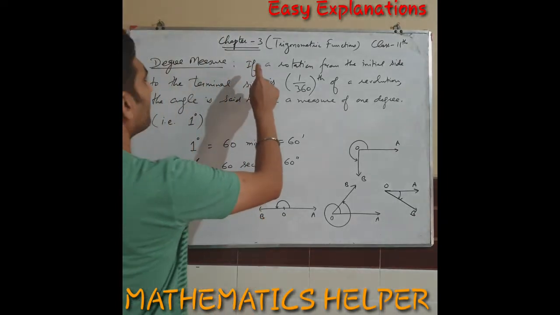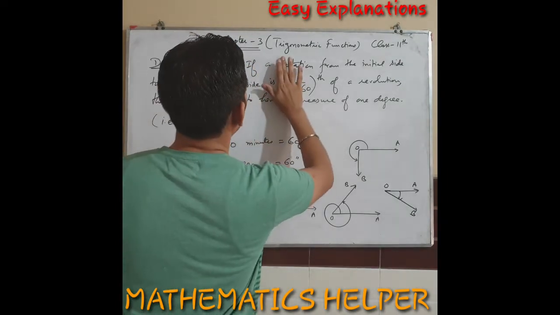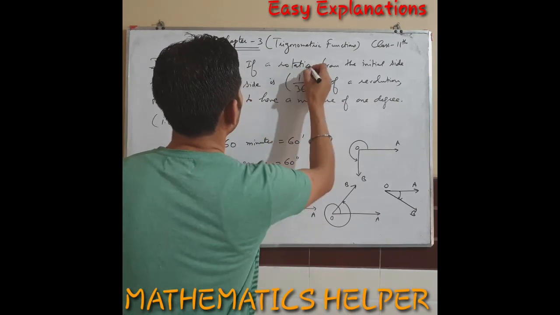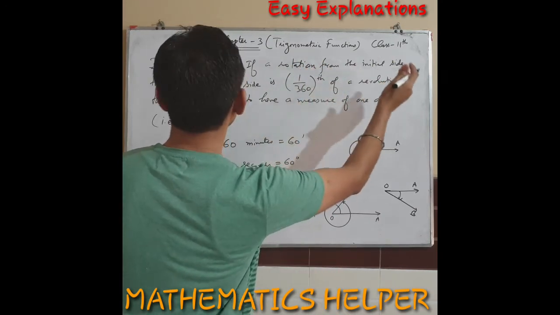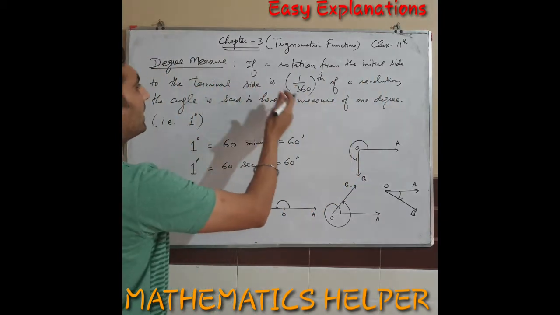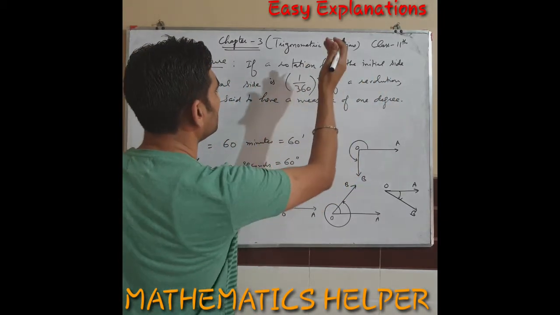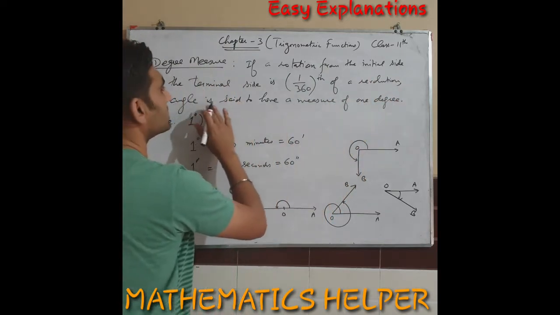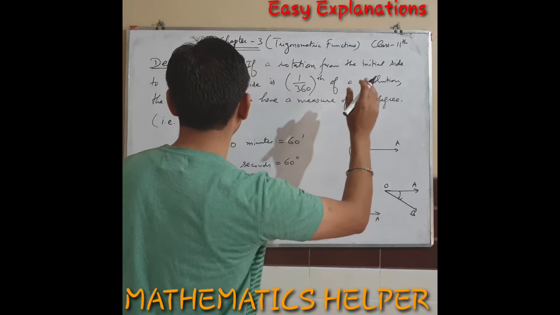See, if a rotation of the initial side to the terminal side is 1/360th of a revolution, the angle is said to have a measure of 1 degree.